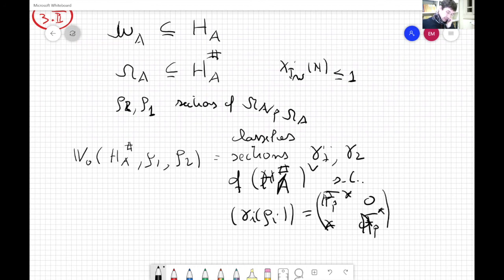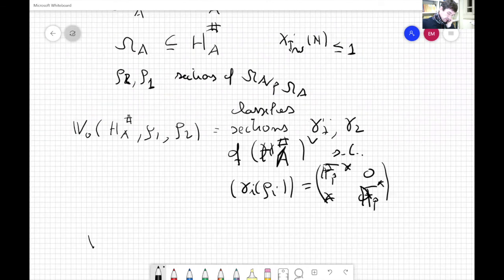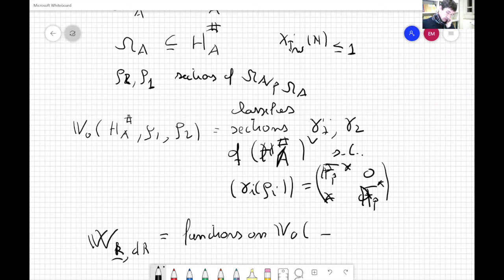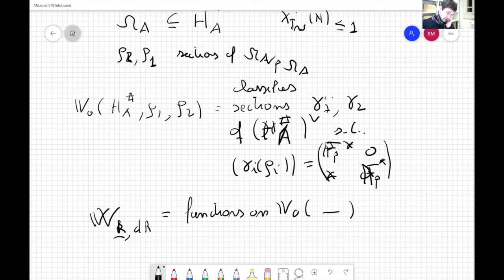And then we can consider WK, in this case the de Rham, as the functions on this formal or p-adic objects on which Iwahori acts.